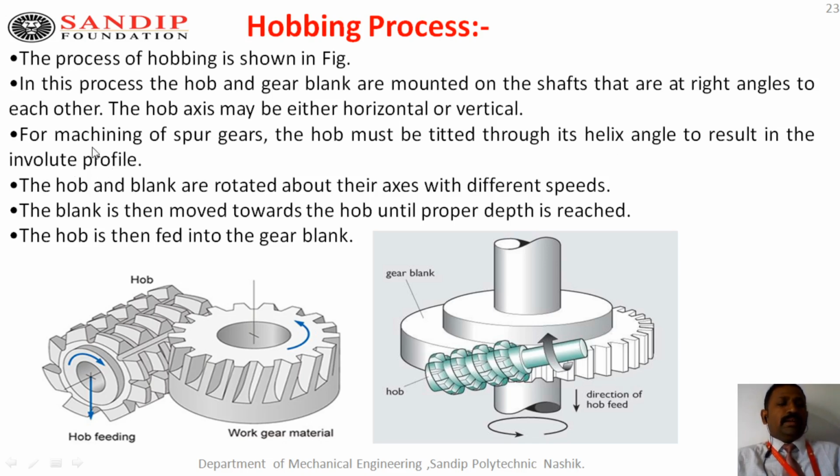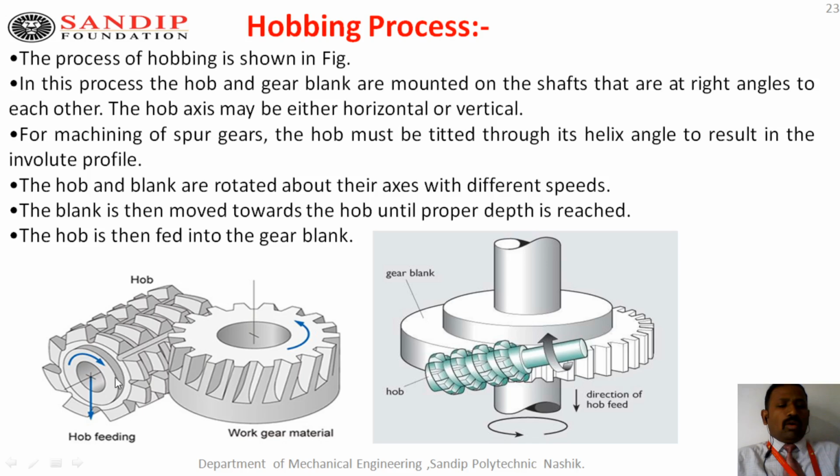The hob and gear blank are rotated about their axes at different speeds. The blank is then moved toward the hob until the proper depth is reached, because that is the feed. Now just observe, this is a hob and this is a gear blank.